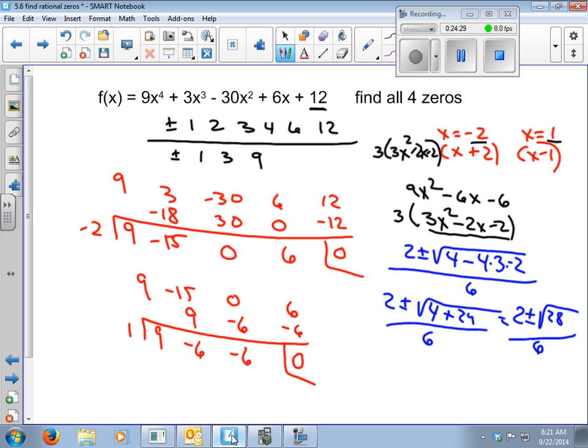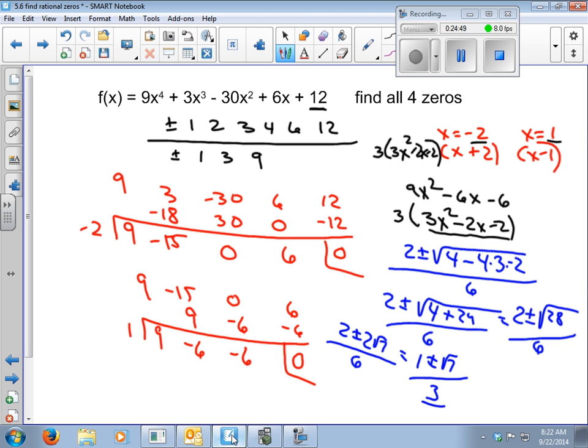Square root of 28 has a 4 in it as a perfect square. That's going to come out as a 2. 2 plus and minus 2 root 7 over 6. And I can divide each one of these three terms by 2. 1 plus and minus root 7 over 3. Those would be my other two solutions.